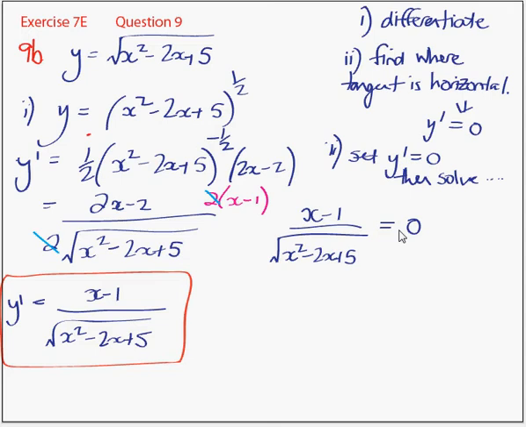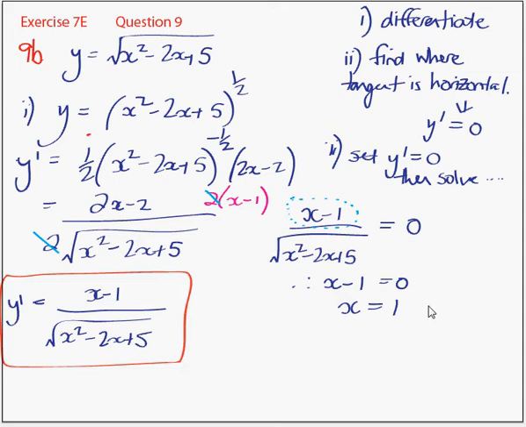Now the only way this fraction can equal 0 is if the top component equals 0. We all know that if the bottom component equals 0, then it would be undefined. So we're really just interested in this piece here. So I'm going to say therefore x minus 1 must be equal to 0, so x equals 1. Didn't need the CAS for that.